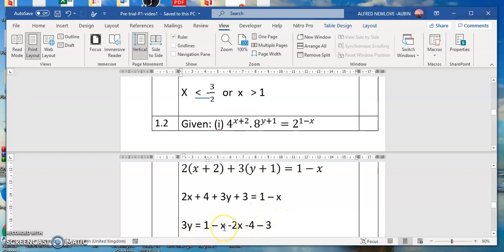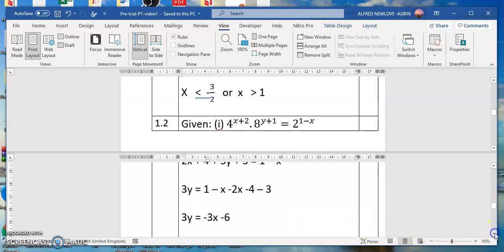You write that one. Alright. Then I'm going to transpose this 2. This is plus 2x. If I transpose, it's going to be minus 2x. Then if I transpose this plus 3, it is going to be minus 3. Then I'm going to divide both sides by 3.